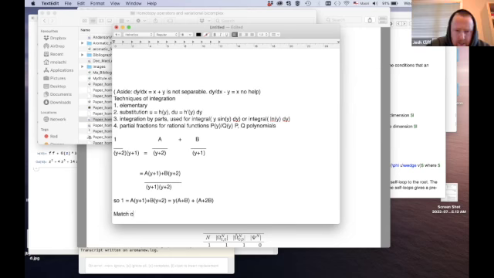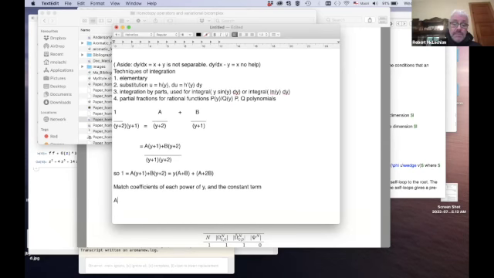And then a plus 2b equals 1. Yes. So we get a plus b equals 0 and a plus 2b equals 1. You get 2 equations and 2 unknowns, or if you had a more complicated one, you might get 4 equations and 4 unknowns, and you could solve them for the coefficients.